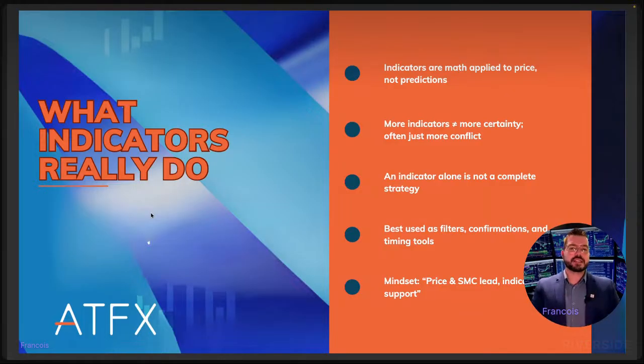So in practice, that often means reading market structure, again, higher highs and higher lows in uptrends and lower highs and lower lows in downtrends, watching for break of structure and change of character, identifying liquidity areas where stops are likely to sit, which is normally above highs or below lows.